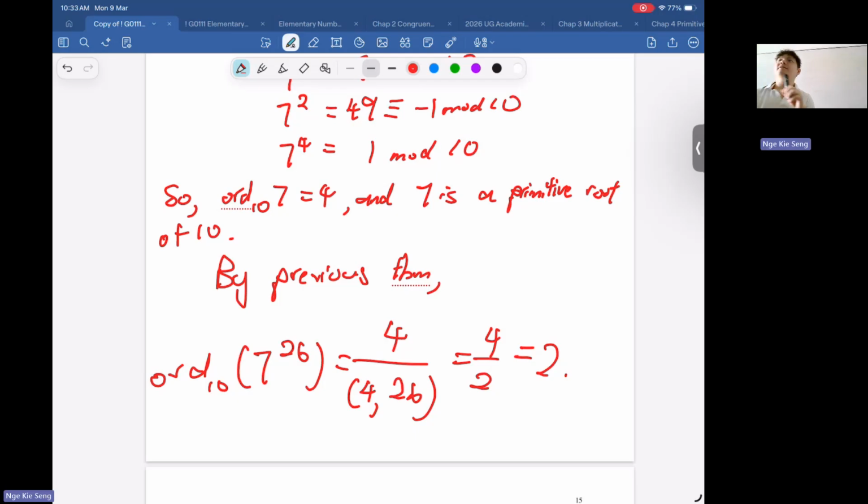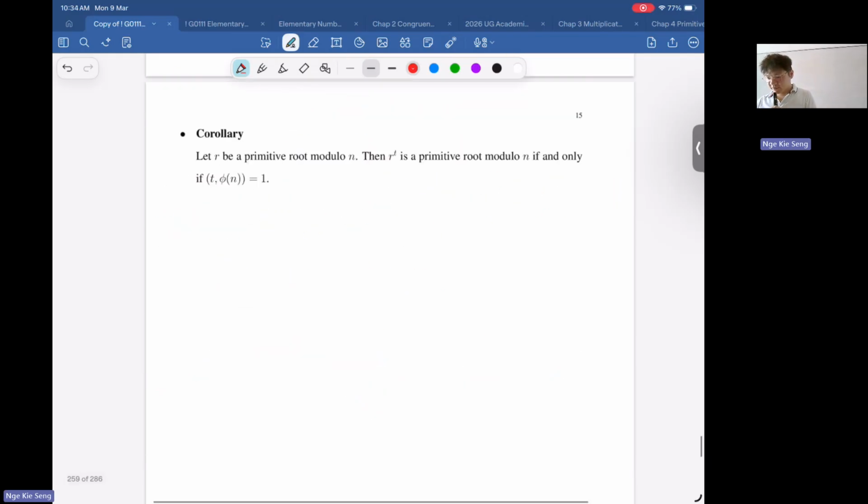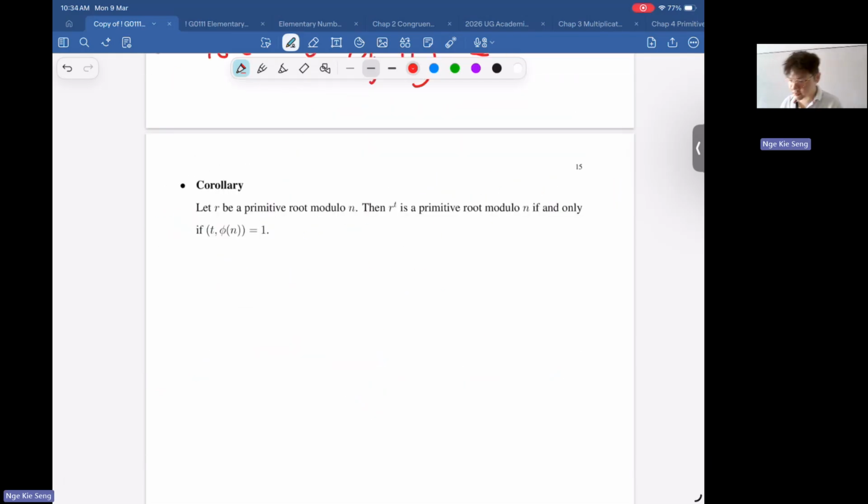Is it okay? Is it following? The back, the front, the side, okay or not? Okay, good. Let's continue.